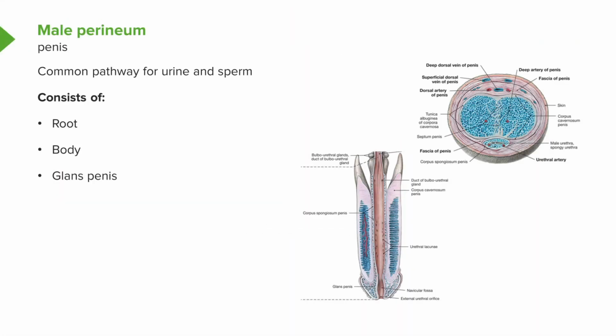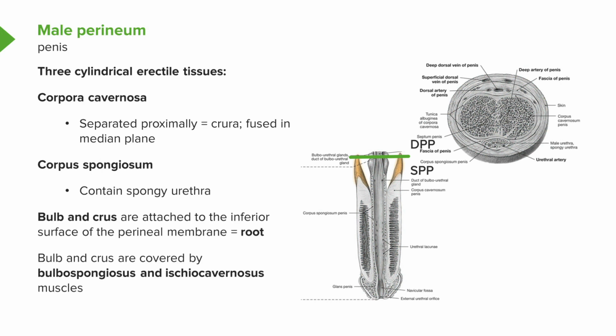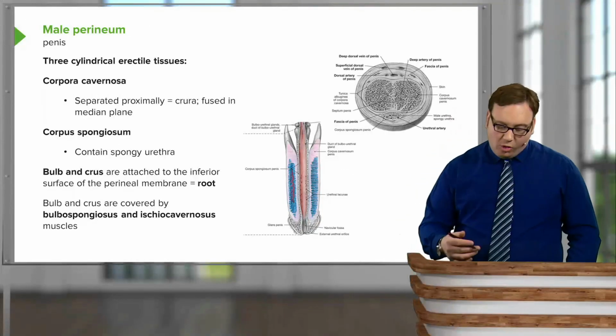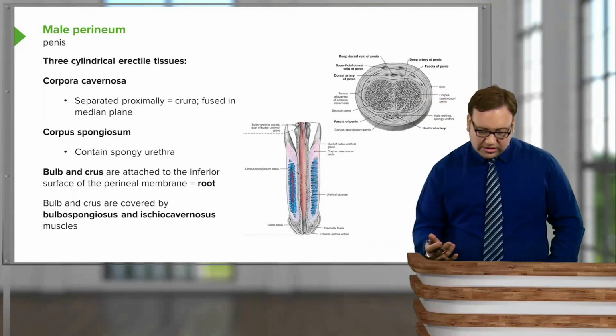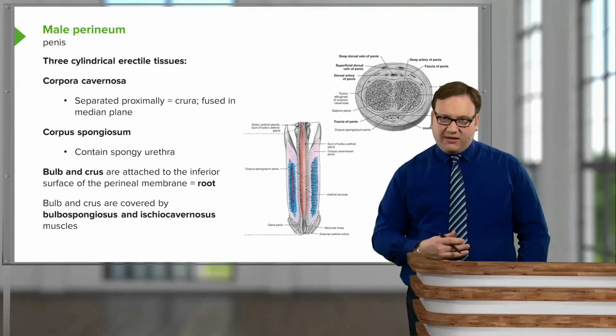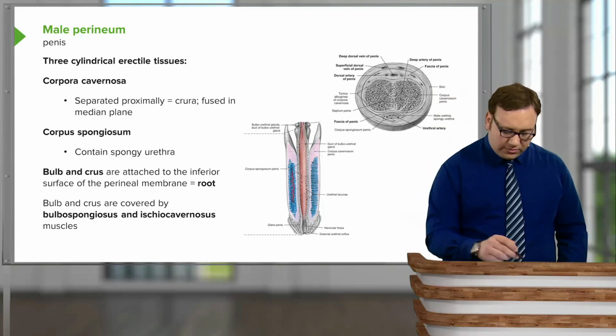We can see the root of the penis coming here. Here we've got the bulbourethral, so this is the separation between deep perineal pouch and superficial perineal pouch. Here we can see we have the corpus cavernosum, these erectile tissues, and the urethra passing through. The bulb and what is known as the crus are attached to the inferior surface of the perineal membrane, and that forms this root.